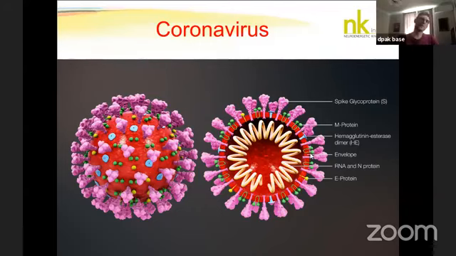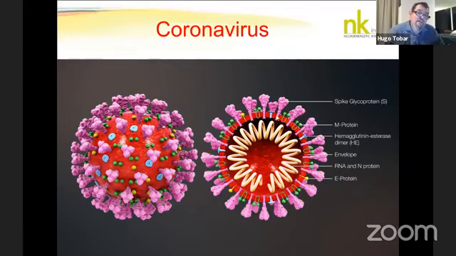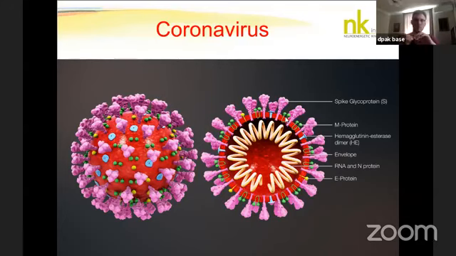And you can see embedded in there, you've got various proteins.